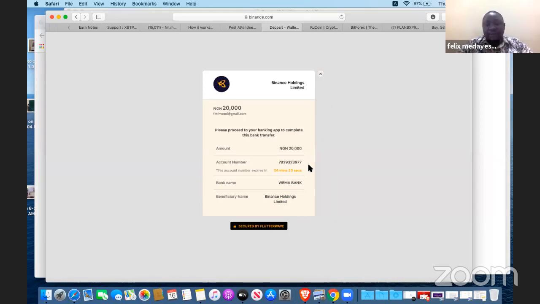So while we are waiting for it to be verified, not all exchanges let you do this. It's on Binance that enables Naira transactions that you can do it, or you can do it on Quidax, okay? Now I'm going to log into Quidax, so that while we're waiting for this to come up, I'm going to log into Quidax now. Okay, so we're just waiting for it.